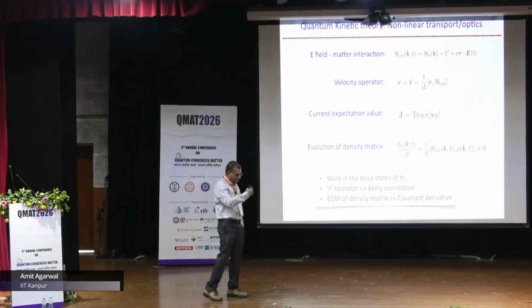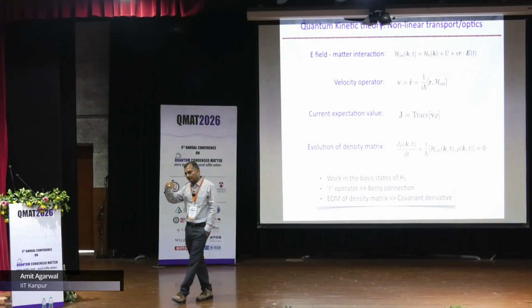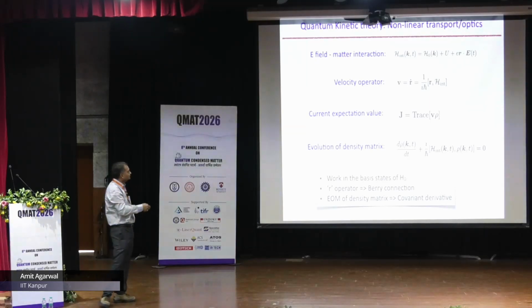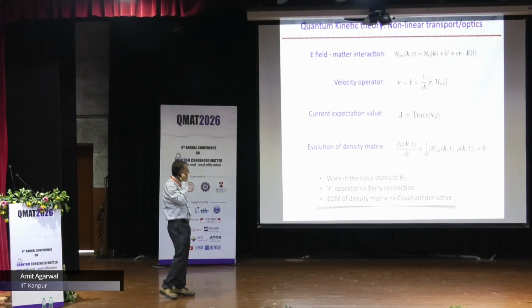A nicer way of doing this calculation, instead of focusing on term by term contribution one by one, is to do a unified calculation by this density matrix picture. The idea is relatively simple, basic quantum mechanics. I have a velocity operator in the interaction picture, and I'll just take the trace of that with the density matrix.